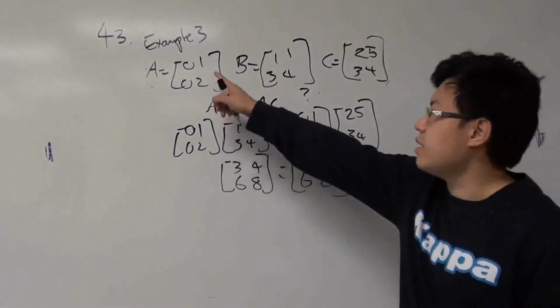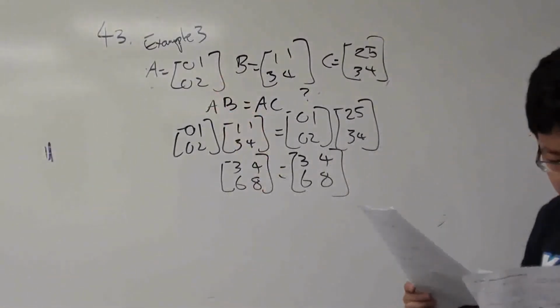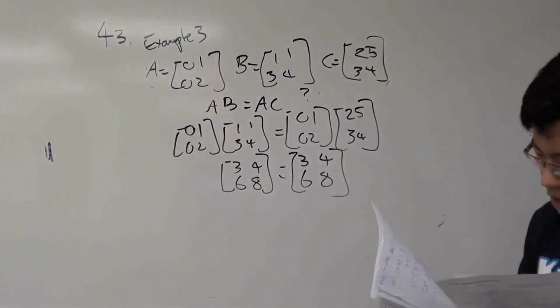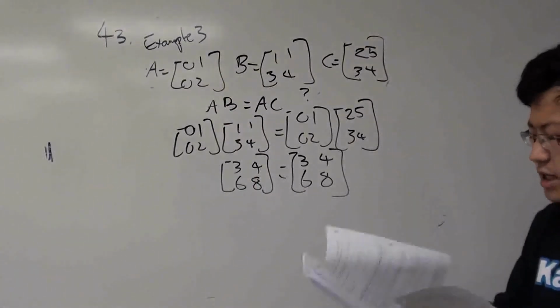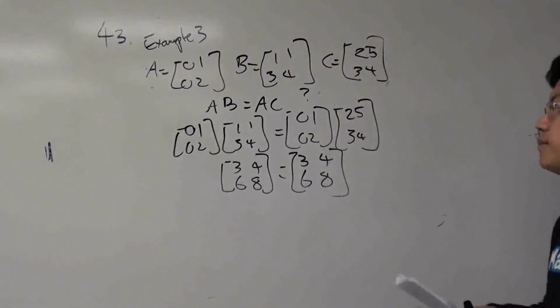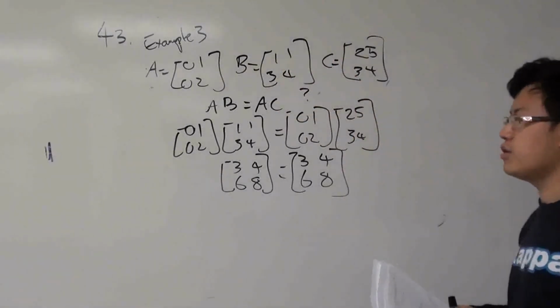So all I did was the example. By the way, example 3 is on page 42, failure of the cancellation law, right? They give you A and B and C, and they ask, what is AB equals AC?